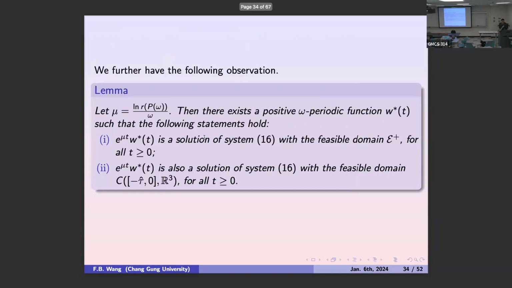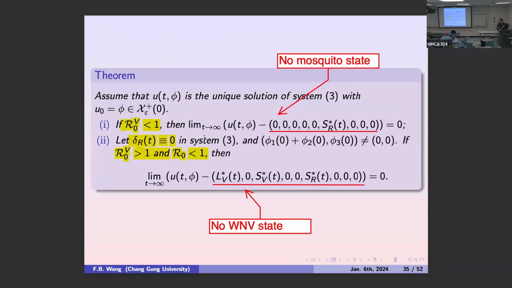And I show the result. Part 1: R naught V represents the mosquito reproduction number. If this one is less than 1, then no mosquito, and of course no virus, which is reasonable.